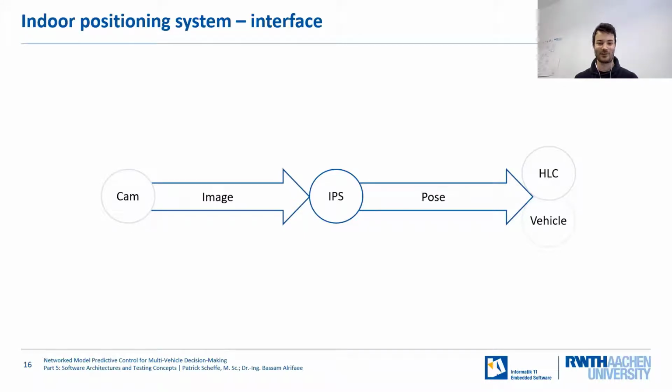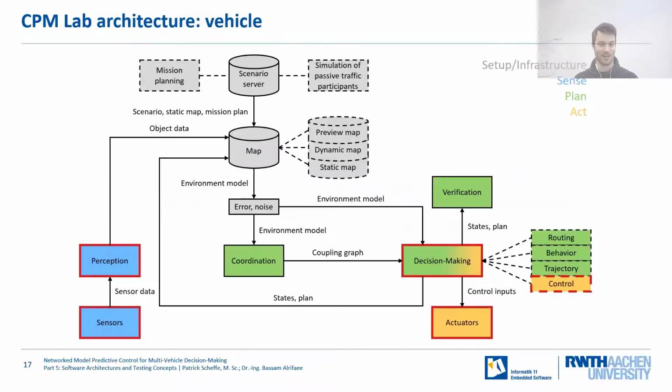Let's look at the vehicle and see how it uses this pose. As I mentioned before, the vehicle also has sensors on it, and the vehicle does the act part also, so it controls the actuators it has.